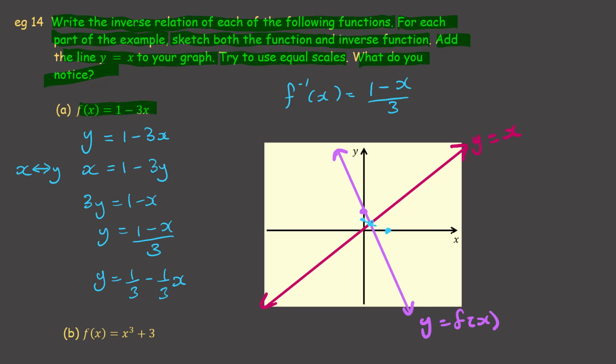And that line is going to look like that. So, probably doesn't look quite as good as it should, but this limb of the inverse function, I should label it, is a reflection of this bit.